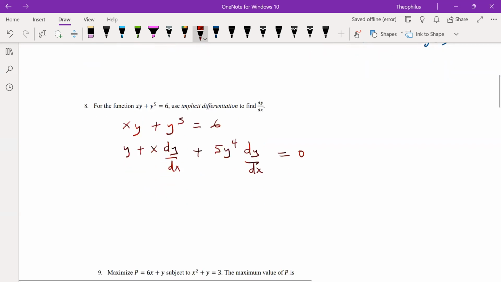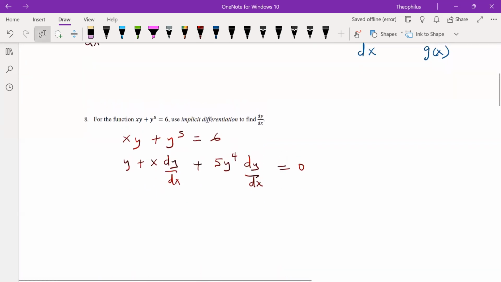Right. So at this point, what we do is to group the dy dx. So we should factor them, in other words.